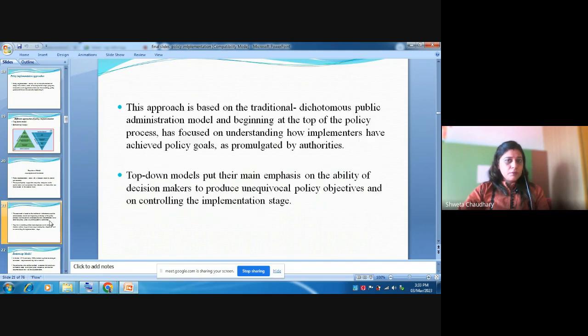This approach is based on the traditional public administration model, beginning at the top of the policy process, and has focused on understanding how implementers have achieved policy goals set by the authorities. So this is mainly introduced by the government at central level.